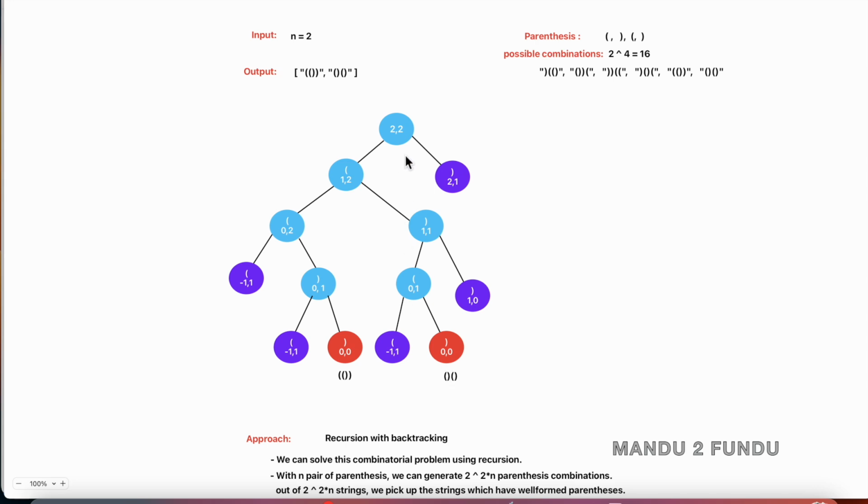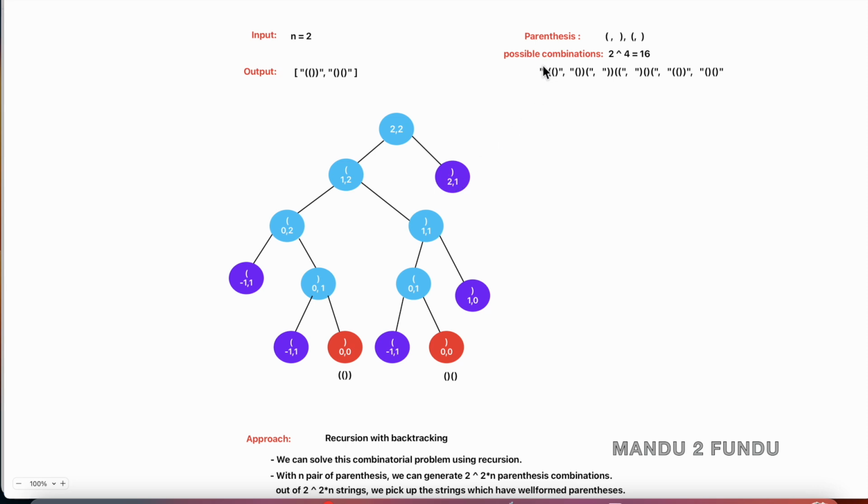And one more case is if we try to include the right parenthesis first, then we end up having the left count higher than the right count. So if there are no open parentheses included prior to this, that is an invalid combination, as we see here.